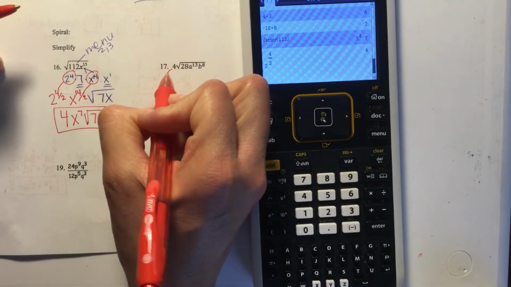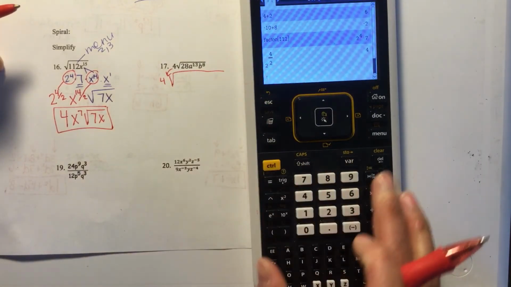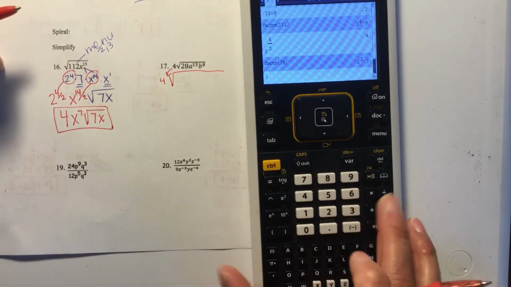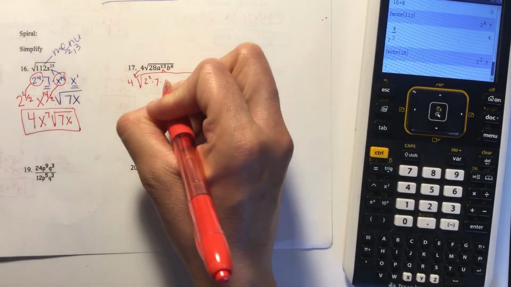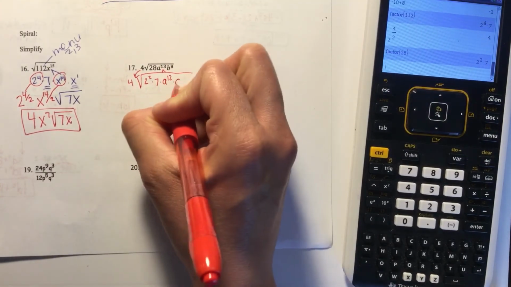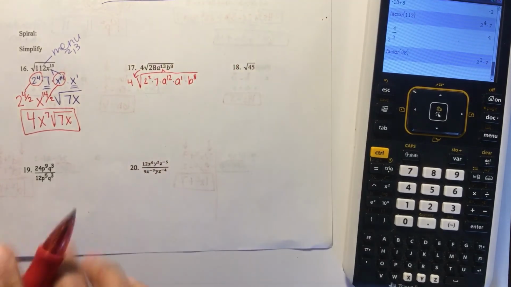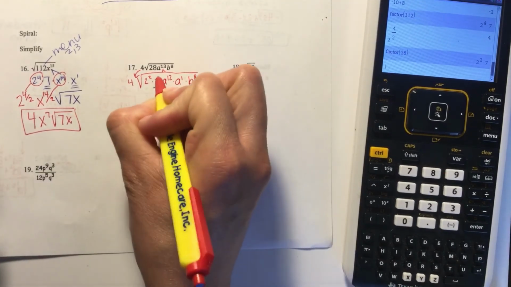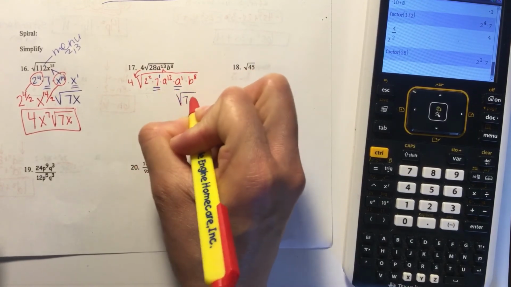17, you have a 4 on the outside, you're going to keep that there. Factor tree of 28: 2 to the 7th times 7. The a you need to break up: a to the 12th times a to the 1st. The b you don't have to break up. So from there you identify what stays under. 7 to the 1st power, a to the 1st power, those stay under. 7a.